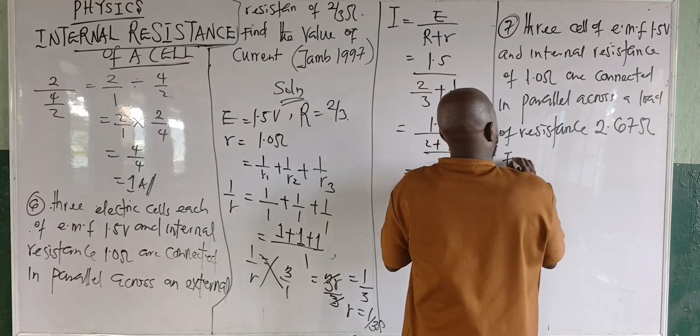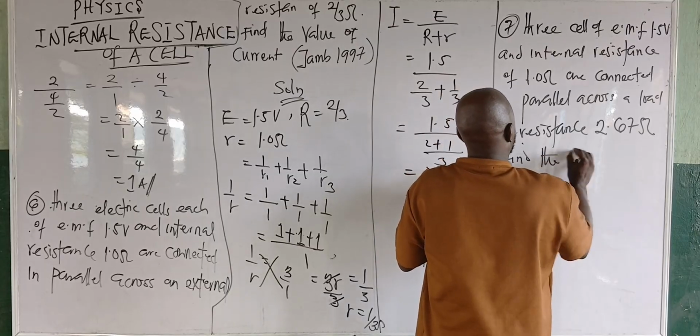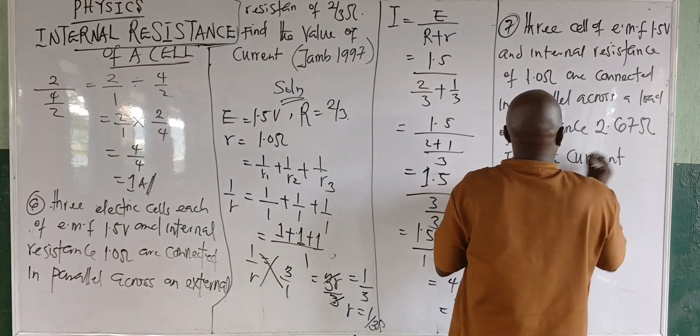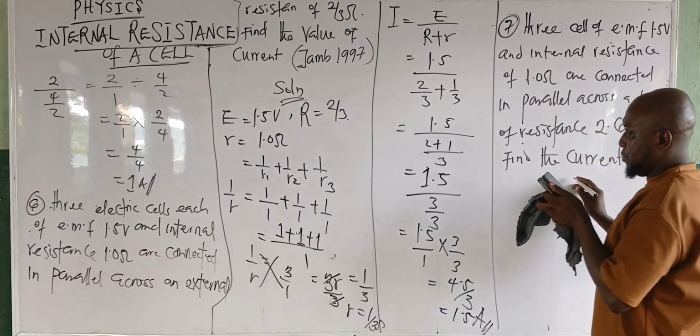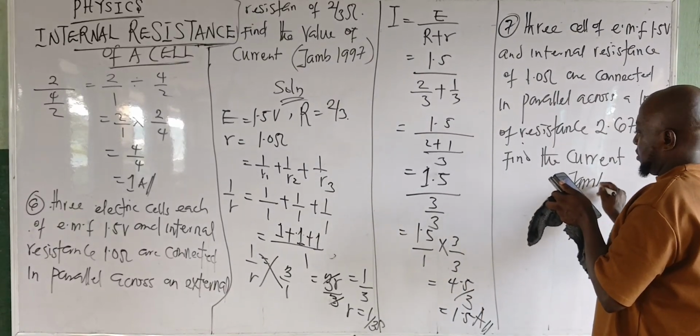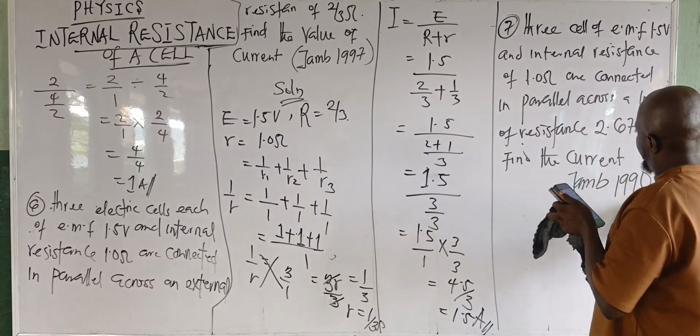We have to find the current, please. Find the current. So this becomes what? A JAMB question. 1990.